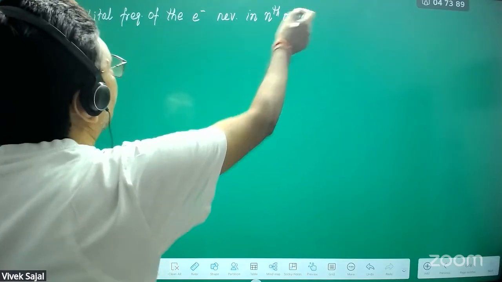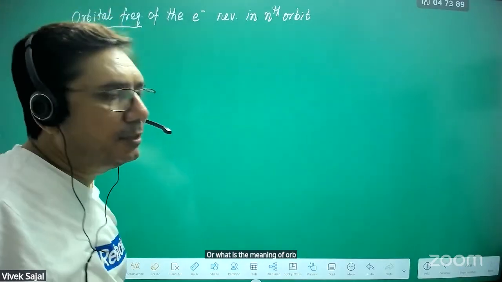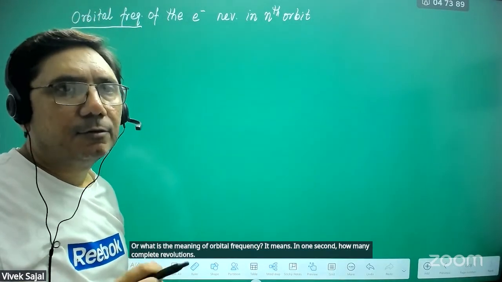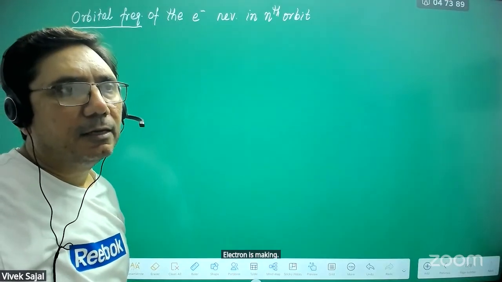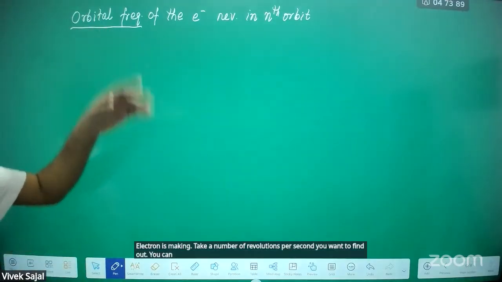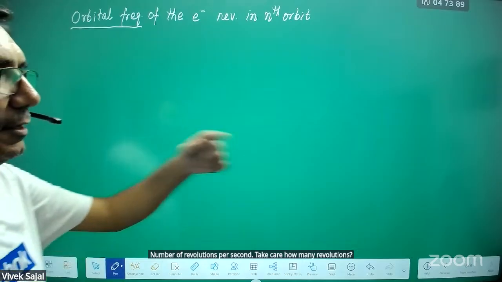So what do you want to find out? Or what is the meaning of orbital frequency? It means in 1 second how many complete revolutions the electron is making. ठीक है, number of revolutions per second you want to find out. You can write here orbital frequency means number of revolutions per second. ठीक है, how many revolutions it is completing in 1 second.